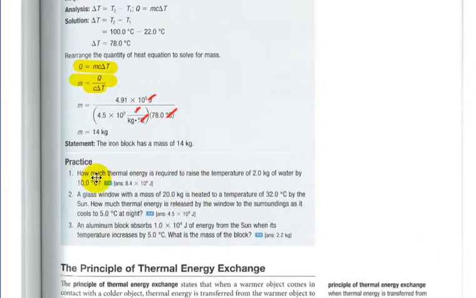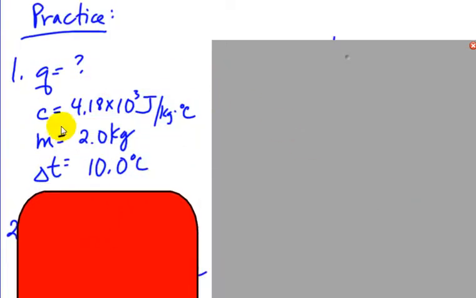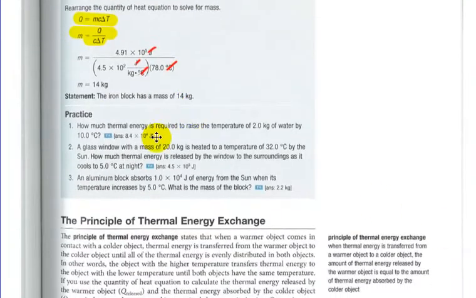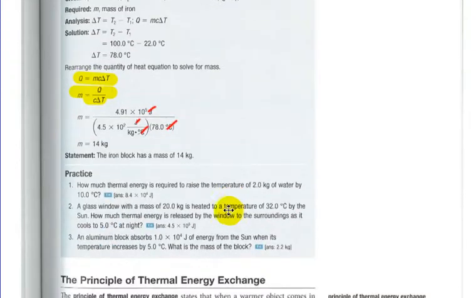Okay, so if you had a chance to do these questions, the key thing is setting all these up. Write down all your variables: Q, C, m, and delta T. Looking at our first question: how much thermal energy, so question mark for Q, is required to raise the temperature of 2 kilograms of water by 10 degrees C. We're told the change in temperature is 10.